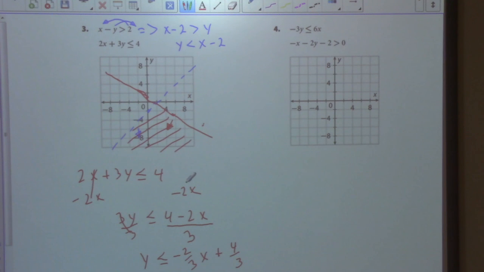And what are two coordinates that are in this shaded area? 0, -4, and also 2, -8. There's 2 and -8. That's right there. So 0, -4, 2, -8. They both look good, right? And that's it. Is that really very hard? No, it shouldn't be that bad.